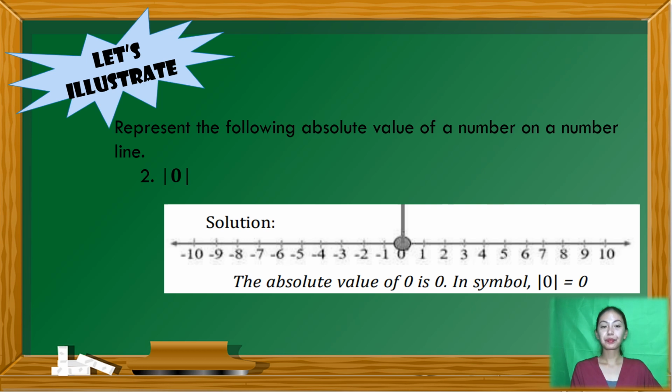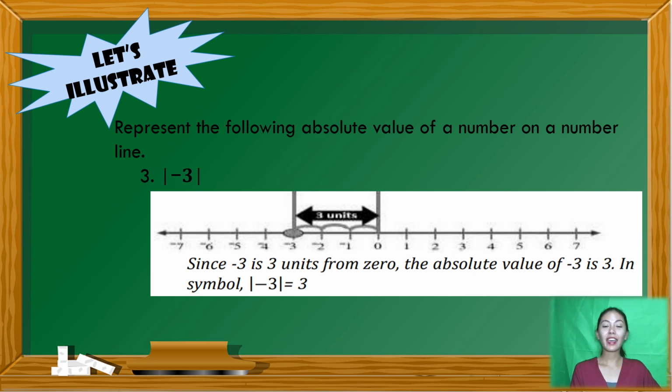Number 2, the absolute value of 0. Since it is 0, we find the distance from 0 to 0, so our absolute value is 0. Next, negative 3. You will find the absolute value of negative 3.